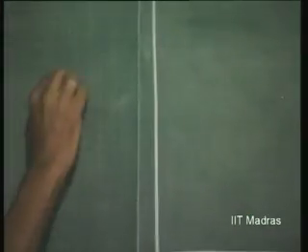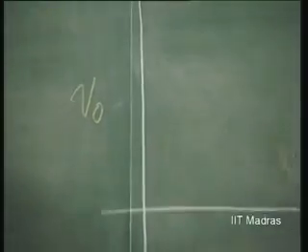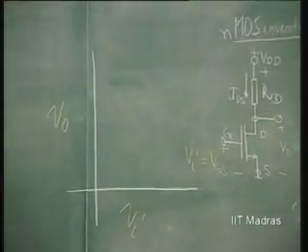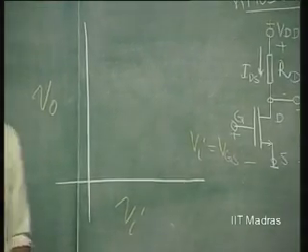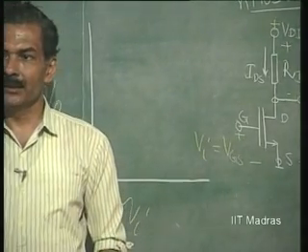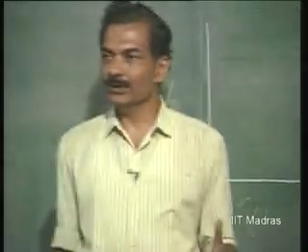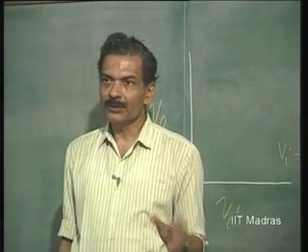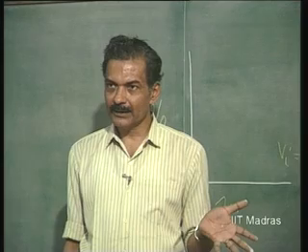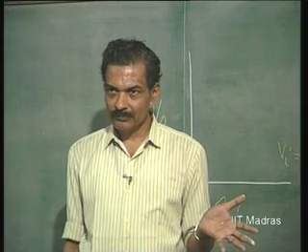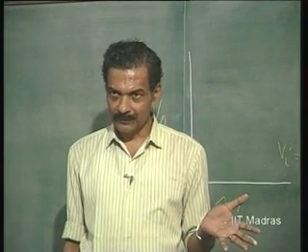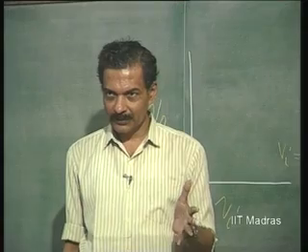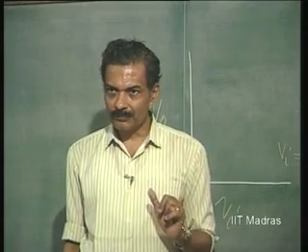If you therefore plot V naught versus VI, until VI becomes equal to VT, there is no IDS. IDS is 0, it is off. The FET is off until threshold voltage is reached. Current is 0.